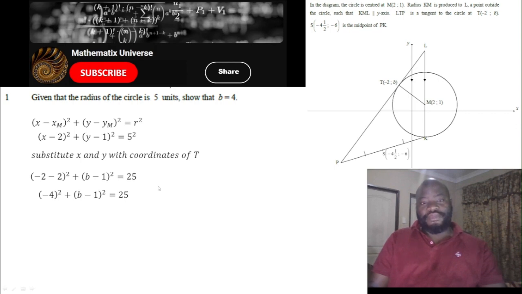Minus 2 minus 2 is minus 4. Then squaring that, we get 16. We take 16 to the other side. Then 25 minus 16 gives us 9. Then to get rid of the square here, we will square root both sides. And then we have a plus or minus, since it's possible to get two values of b there.